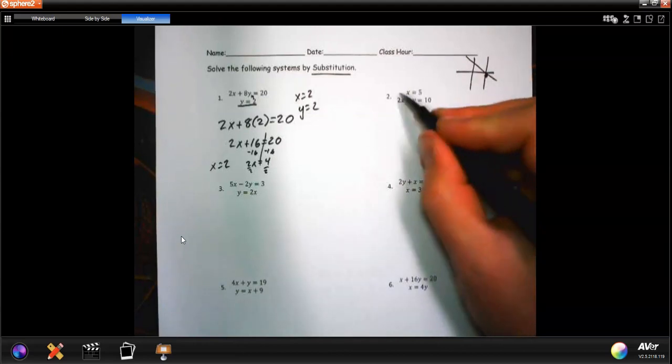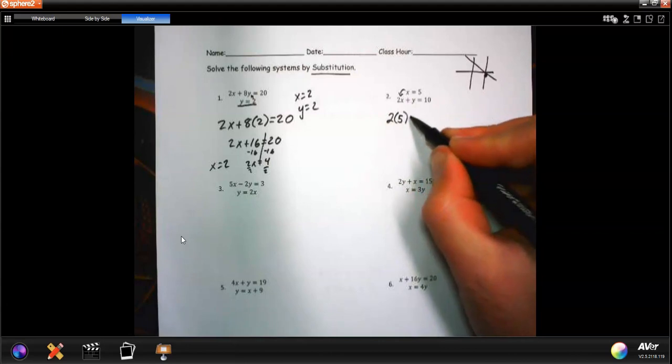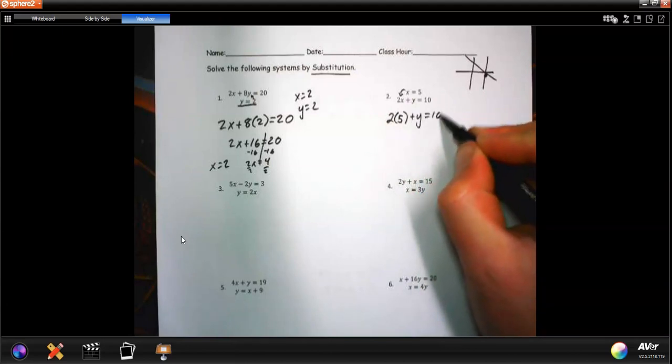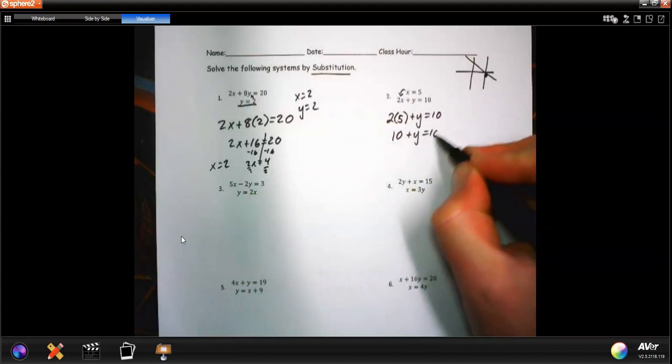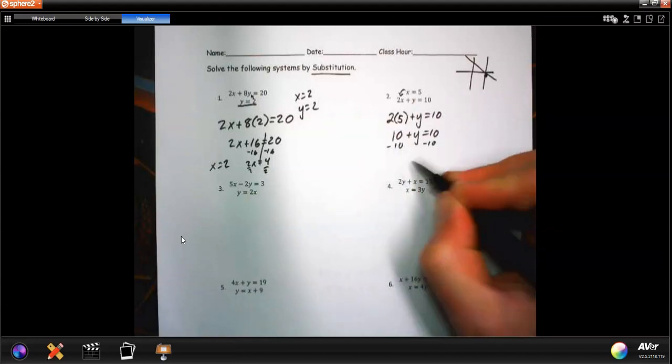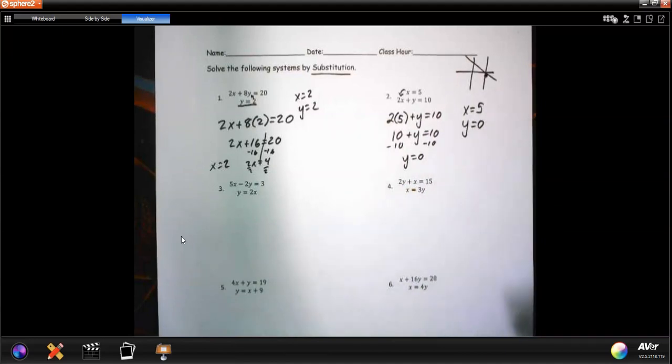So we take x equals 5 and plug it into the other equation. Now 2x becomes 2 times 5, plus y equals 10. Well, 2 times 5 is 10, plus y equals 10. I subtract 10 from both sides, I get y equals 0. So x equals 5 and y equals 0 is our answer.